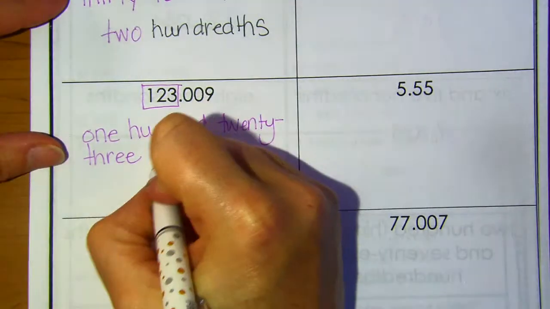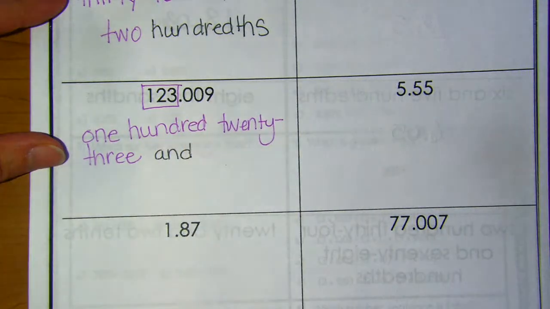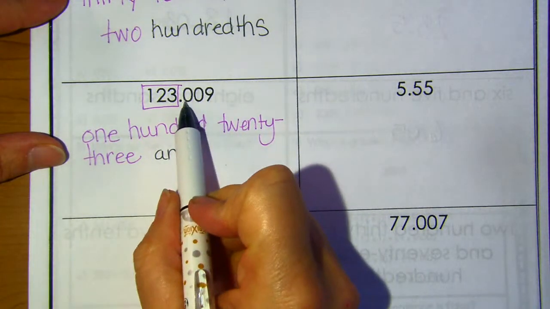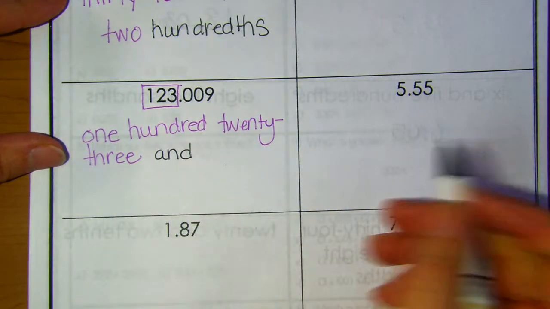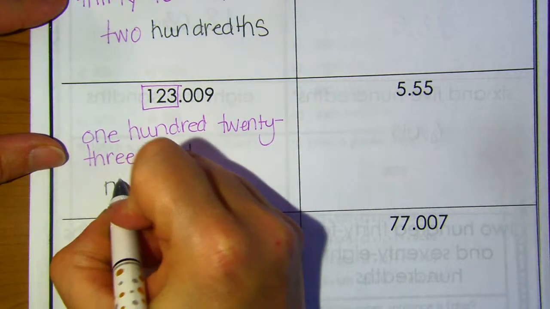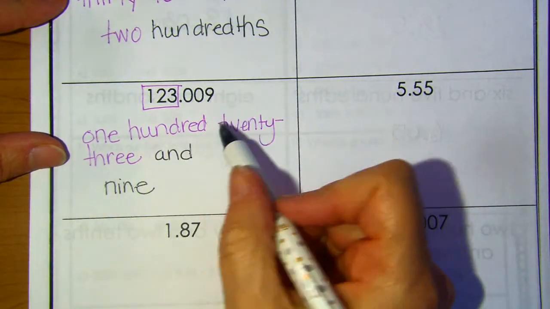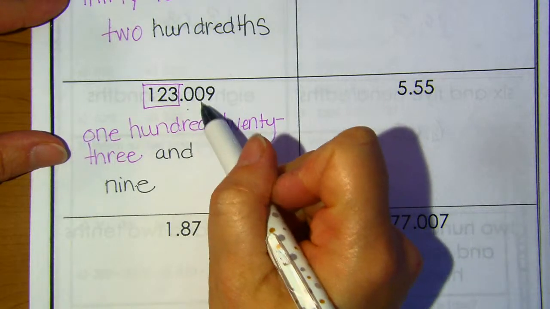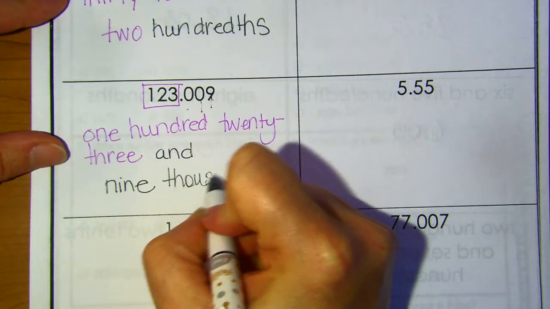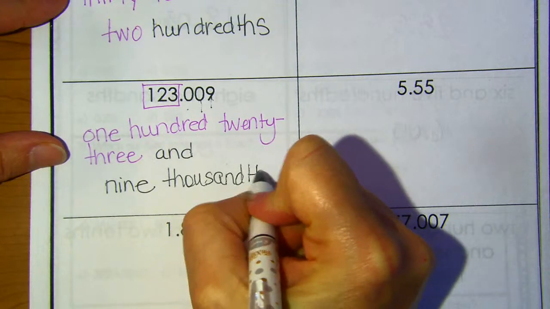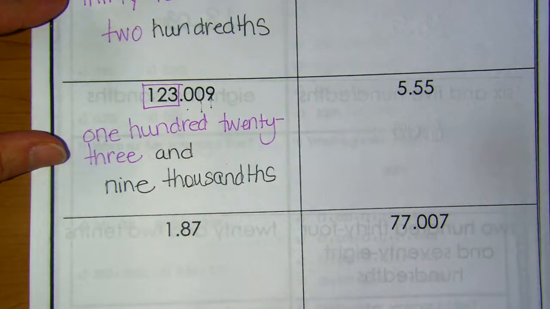The decimal point is "and," and then the digit after the decimal, you say like you normally would, which in this case would just be 9, because we would never say 009. So 9, and then check your place value. Tenths, hundredths, thousandths. So that's 9 thousandths.